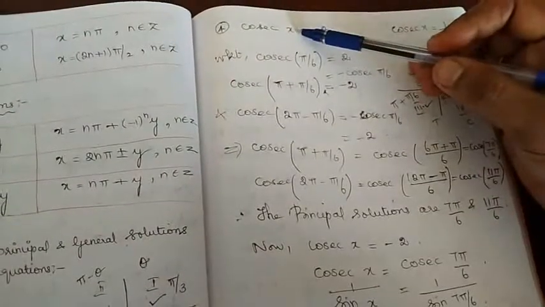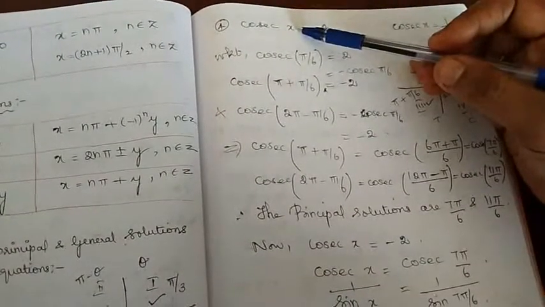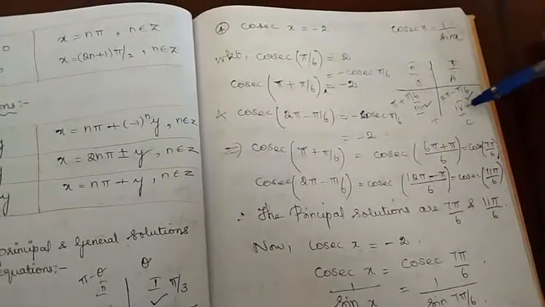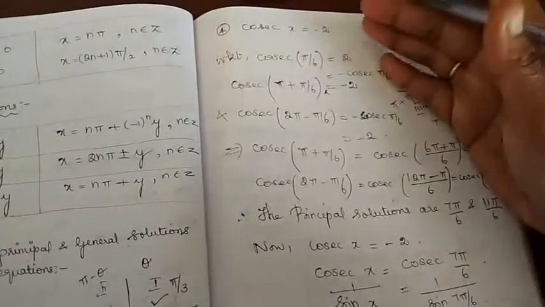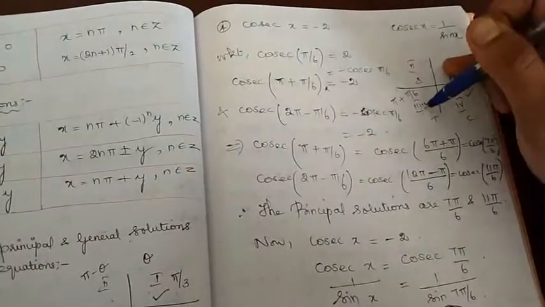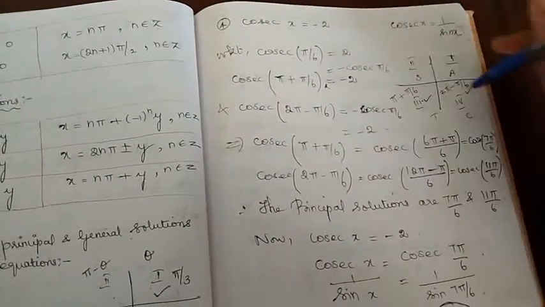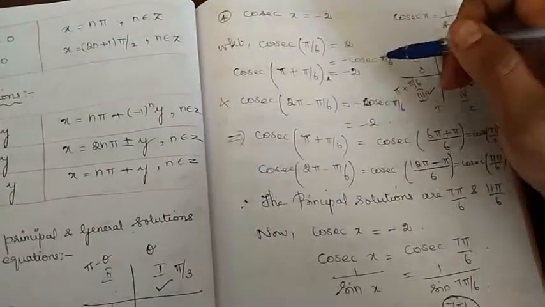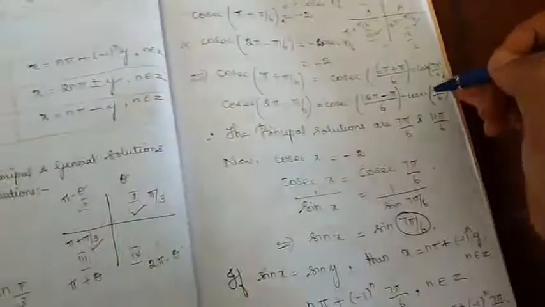Cosec is the reciprocal of sine, right? All Silver Teacups: in the third and the fourth quadrant only it will be negative. If it lies in the third quadrant, it is π + θ, and in the fourth quadrant, 2π − θ. So we have expressed and got a principal solution.